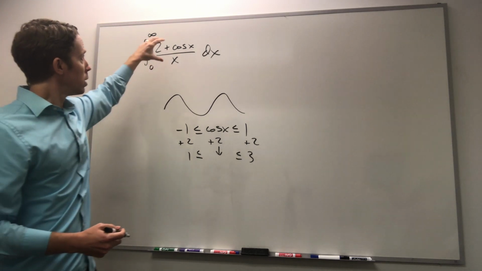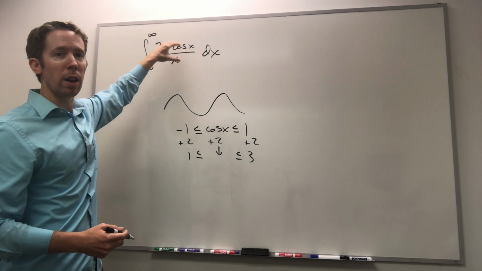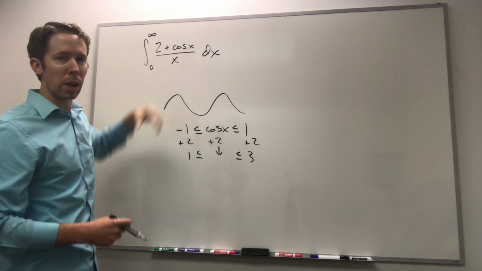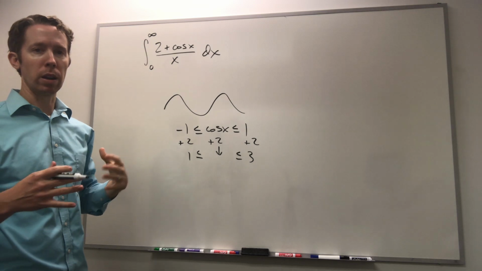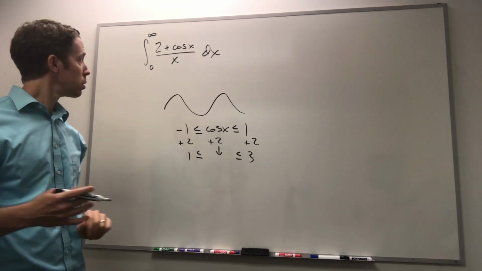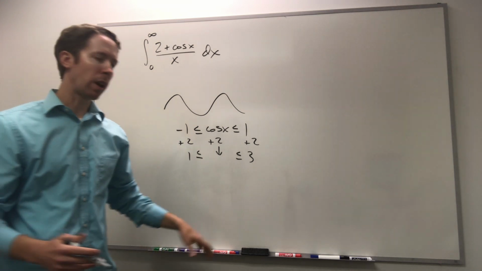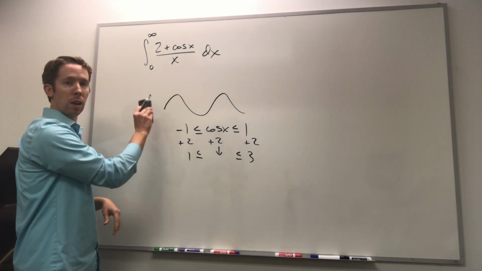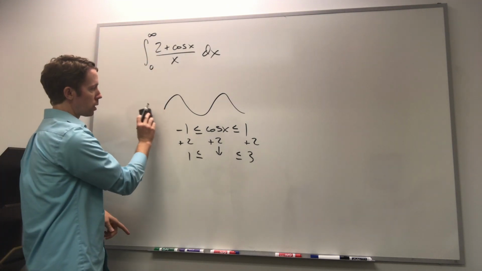Because if 1 over x has infinite area, making it bigger, making it have more area, it should still diverge. That's a theorem that I'll write down later. For now, I want to go ahead and integrate 1 over x.